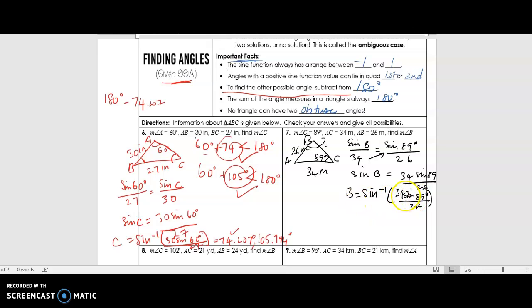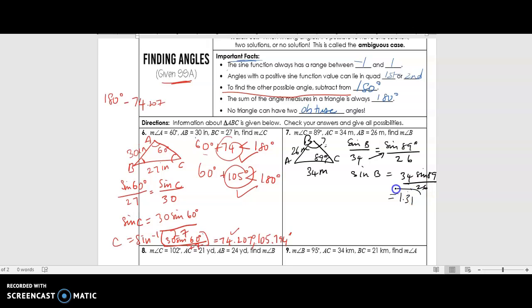First of all, I should have checked that before. Sine B, so even before we look for the inverse sine, if we just check this value, the sine value comes out to be 1.31.